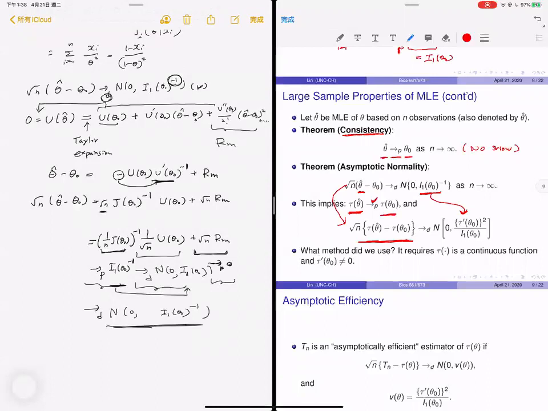Remember that? g prime theta 0 squared, then times the variance of that quantity, right? So that means nothing but right here, g function right now is my tau function, then tau prime theta 0 taking square, then times the variance. Variance is I1 inverse, then it becomes bigger.